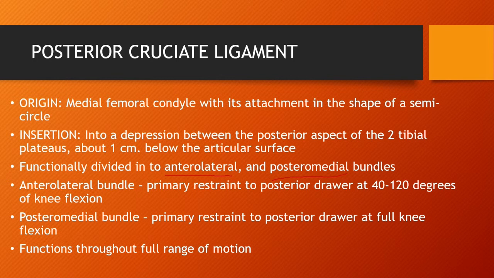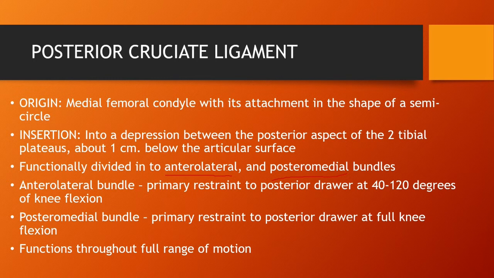And the anterolateral bundle is the primary restraint to the posterior drawer maneuver at 40 to 120 degrees of knee flexion. And that's the one that we're going to be primarily assessing with our drawer maneuvers. And then the posteromedial bundle is the primary restraint to posterior drawer at full knee flexion.